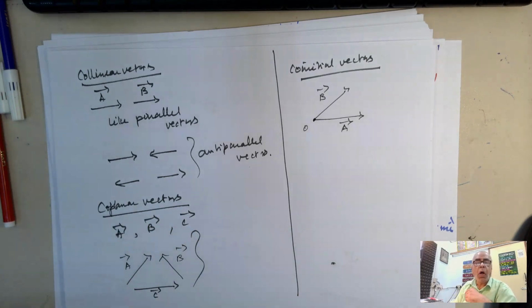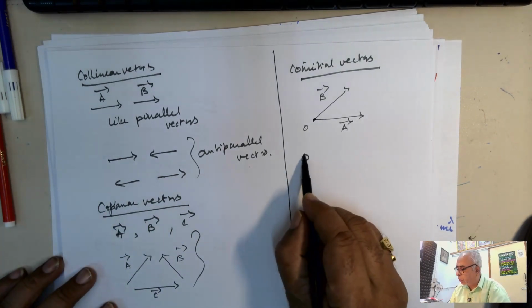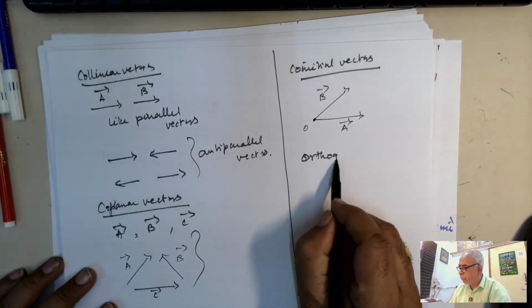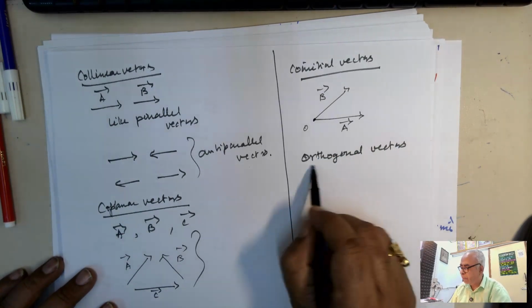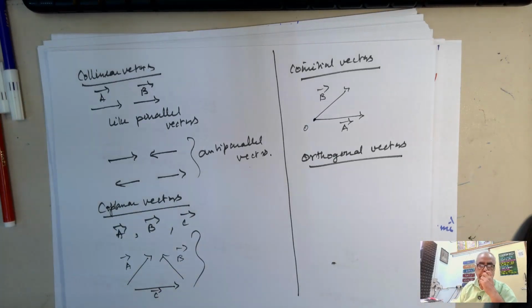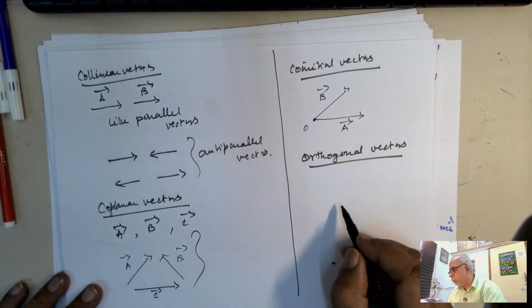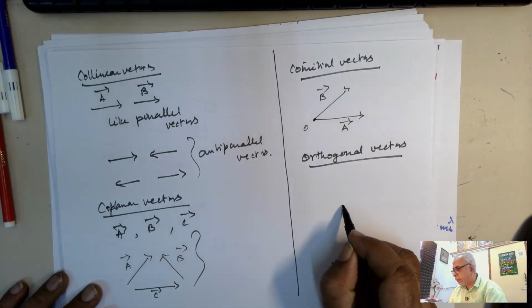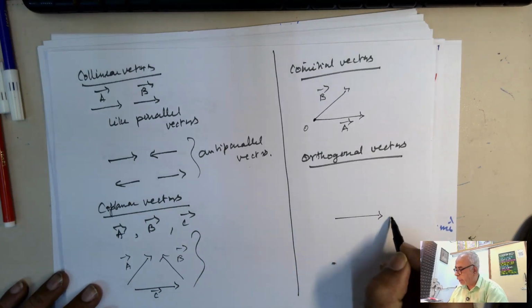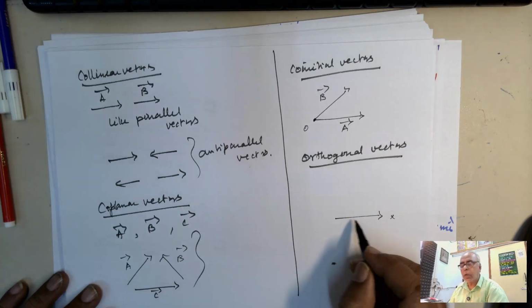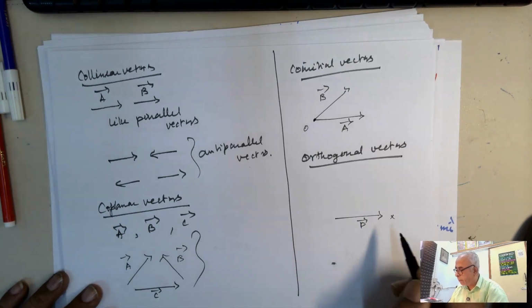And we have orthogonal vectors. Take down, orthogonal vectors. Orthogonal vectors means these vectors are mutually perpendicular to each other, as in the case of the x-axis, y-axis, and z-axis. Let me consider this is the x-axis. So we have one vector, the P vector.